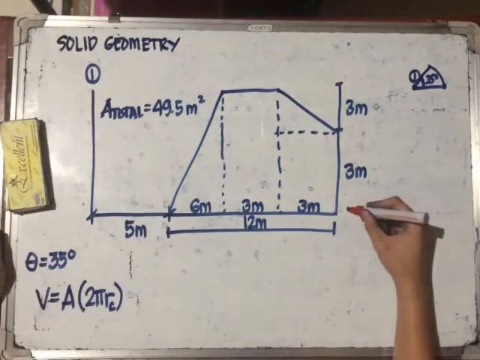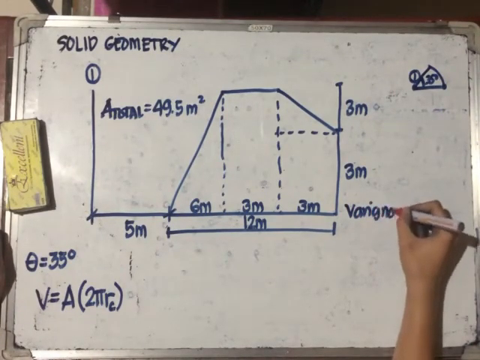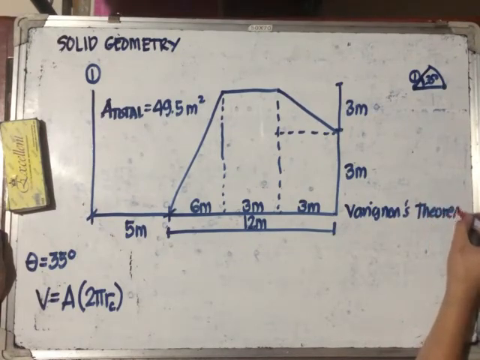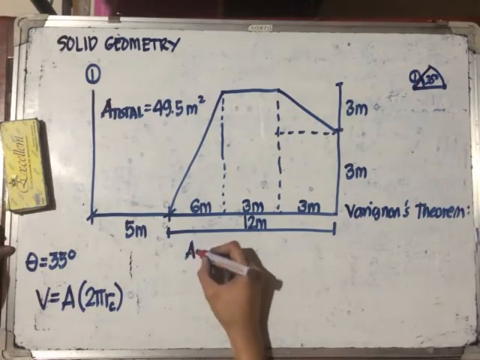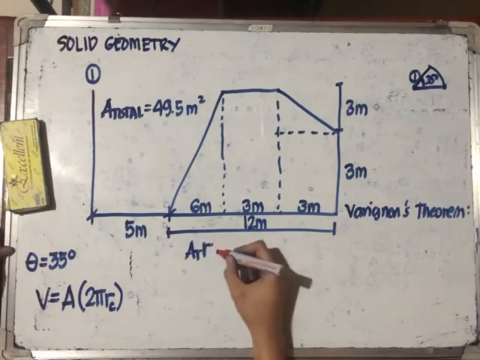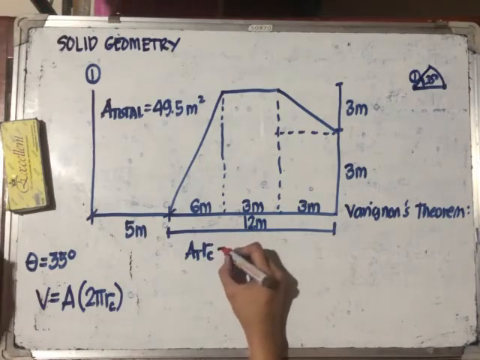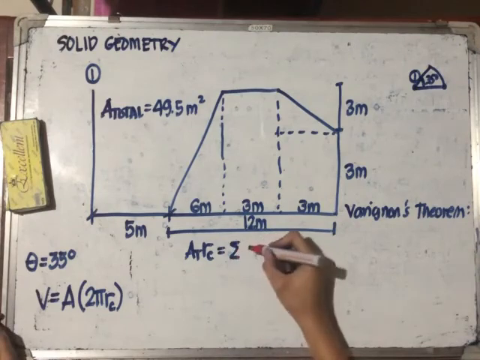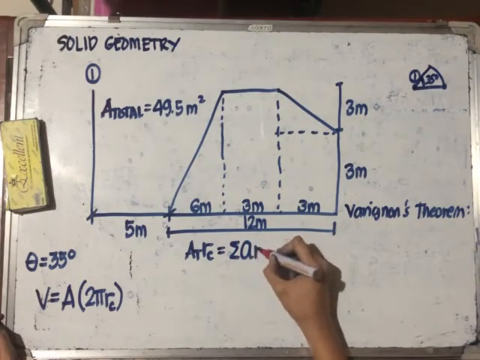Sabi ng Varignon's theorem natin, is your area daw, area total times your r sub c, that's your centroid, is equal to the summation of the smaller areas times your r.